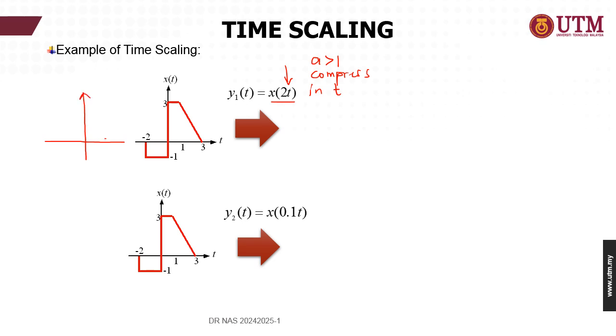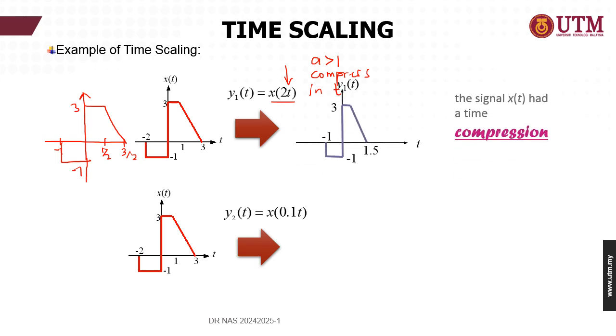So here 1 becomes 1 divided by 2, 3 becomes 3 divided by 2, and negative 2 divided by 2 becomes negative 1, but the amplitude remains the same. So here minus 1, and on top here is 3/2, which is 1.5, and the signal is compressed in time.